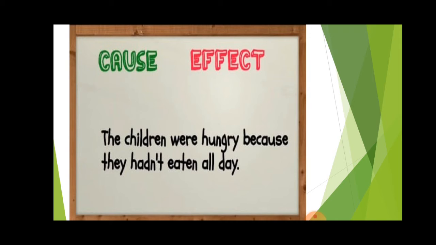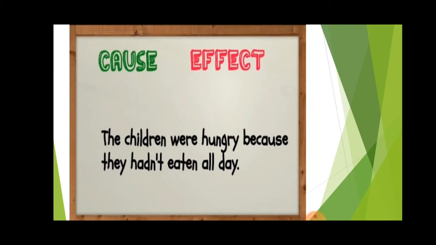Now here in the sentence, you can see the cause is coming after the effect, not before the effect. So here the cause is not at the first of the sentence, but at the end. They hadn't eaten all day is the cause because it was the event that happened first and tells us why the children were hungry.